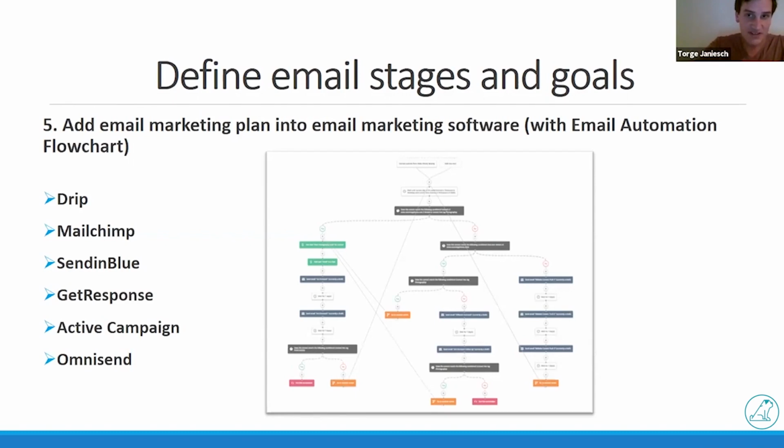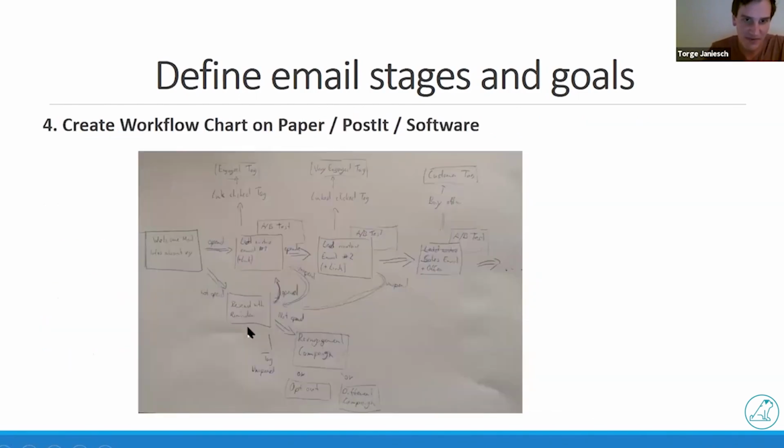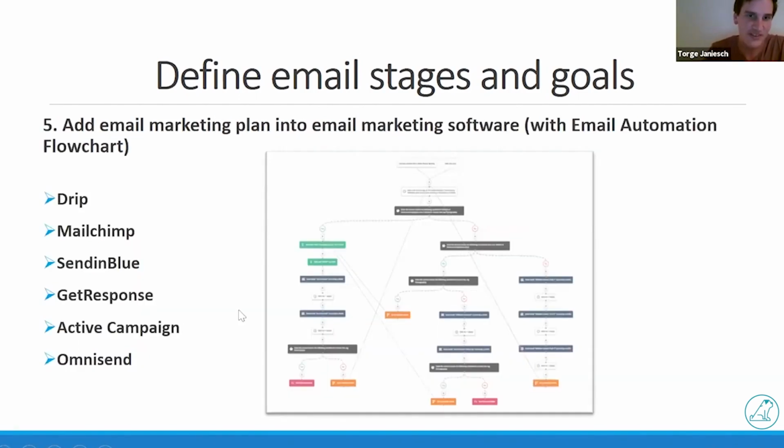and this is an important thing, some softwares have a flow chart and some softwares not. A flow chart is basically the same as me writing something on the page, making some drawings or using post-its, but in a visual way in the email marketing software.